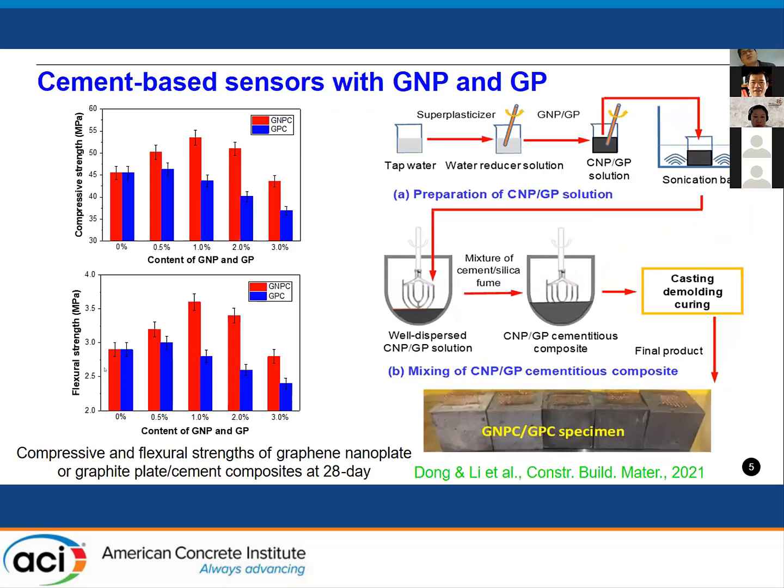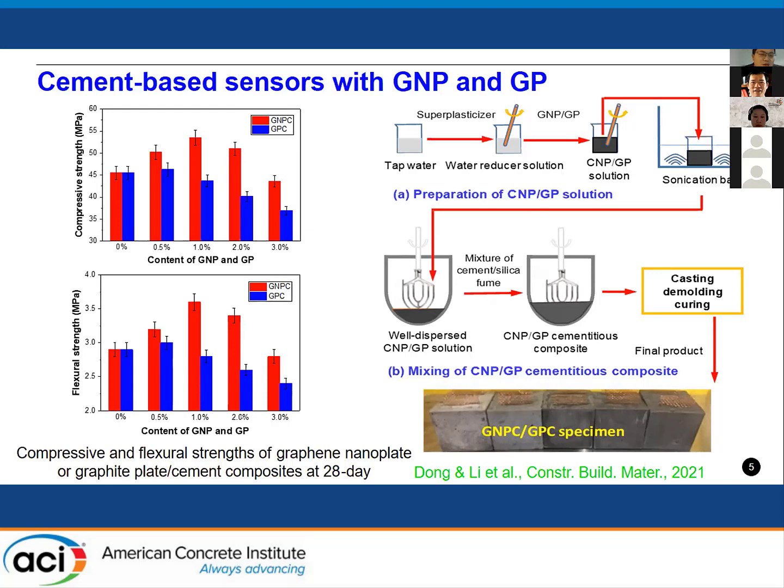So now I start to talk about cement-based sensors using GNP and GP. This is the procedure to prepare the cement-based sensors. Before the mixing, both GNP and GP are added to solution and then treated by stirring and ultrasonication. After that, we add the GNP and GP solution to the cementitious composite.